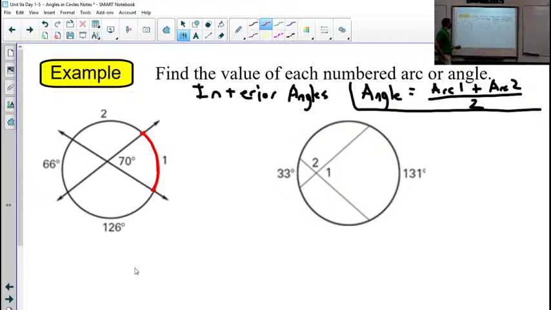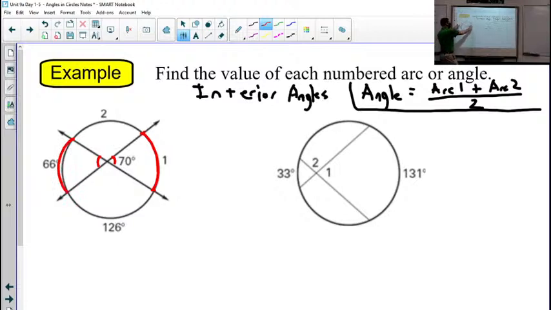So the angle that we're using to trace out this arc is this angle right here, and the angle across from it is this one right here.